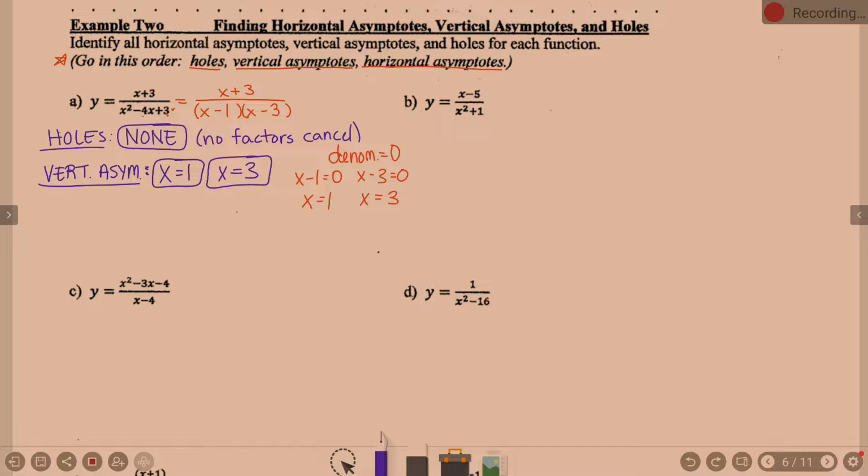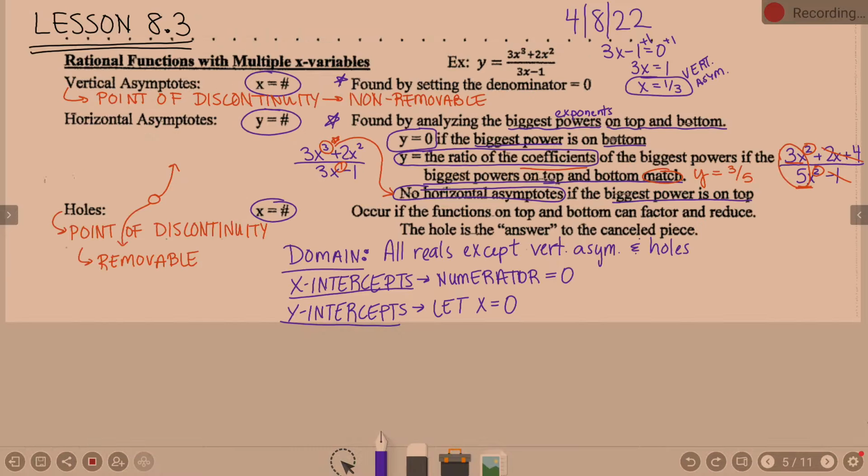Having done this right here, are there going to be any points of discontinuity on this graph? Yeah. So I'm backtracking again, right? Where do points of discontinuity happen? At vertical asymptotes and at holes. Do we have any vertical asymptotes or holes?